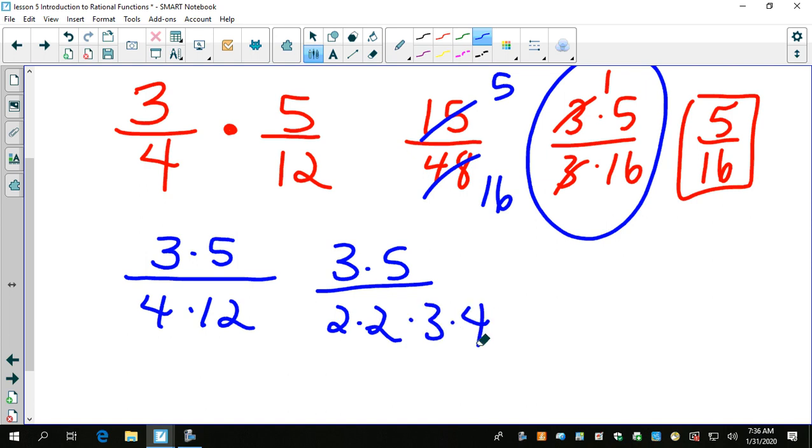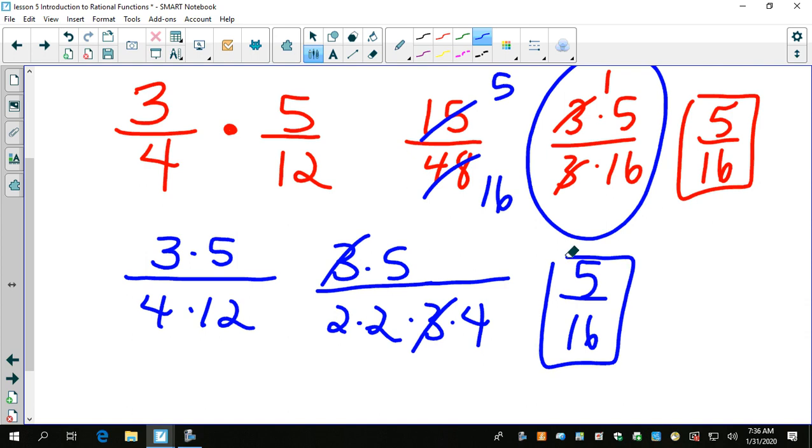I don't know if you'd really want to do this, but it lets us see the like factors that cancel. So what's the only thing that actually cancels? The 3's. And again, we're left with 5 over 16. But we don't normally think of basic fractions like this, and we need to for what we're going to do today.